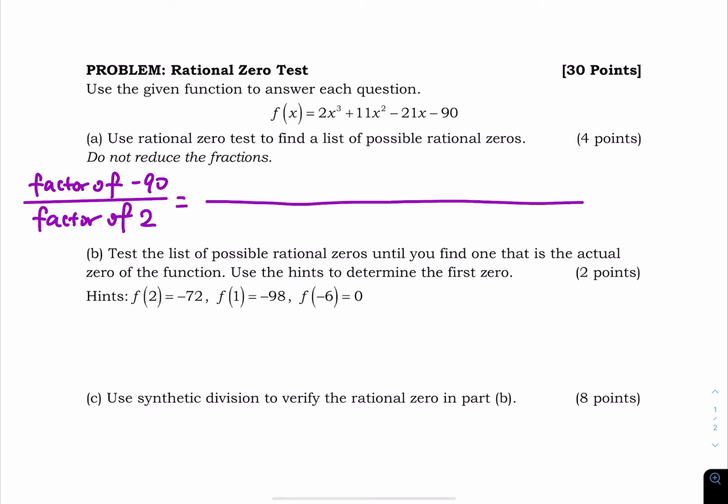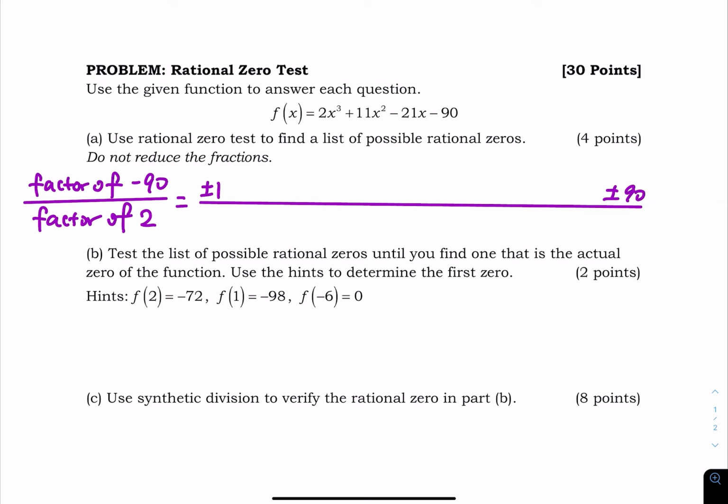This is pretty long. The question you have to ask yourself is, what number times what number equals 90? Give me all the possible combinations. I should make the line longer because there are many numbers. The first pair I am thinking of is 1 and 90, so I will use plus or minus 1 and plus or minus 90. Why do we need to include the plus or minus?